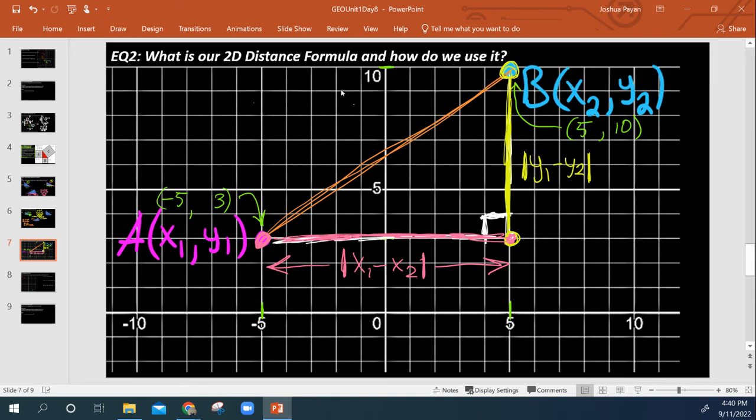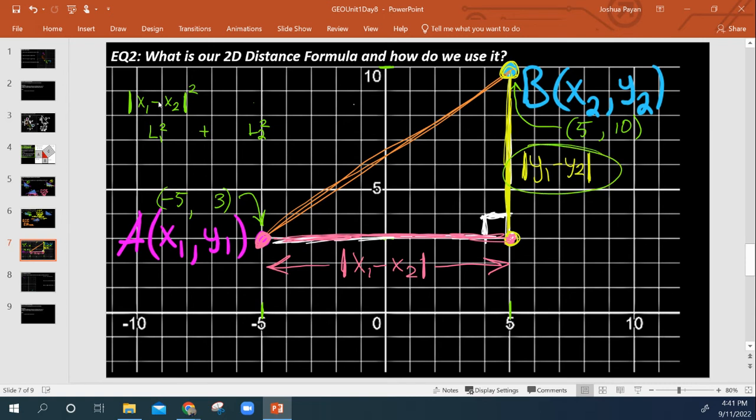I'll go back to using green. So if I take my x distance, that's the length of that leg there, right? So I can say x1 minus x2 all squared, absolute value, right? So this is like leg 1 squared. Plus, well, we know we need leg 2 squared, right?